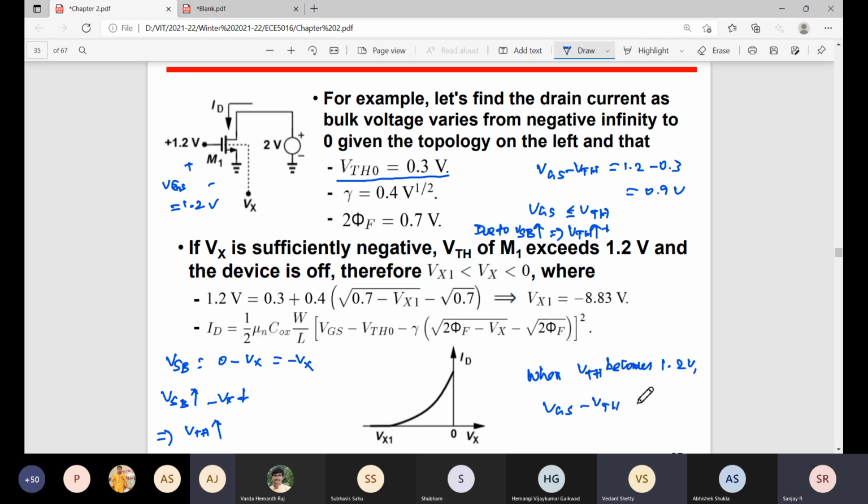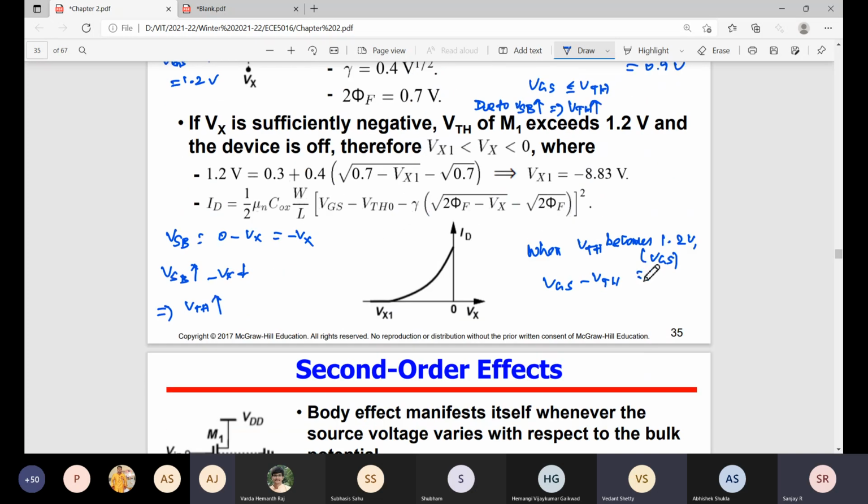As VSB increases, the threshold voltage increases. When the threshold voltage equals the VGS value of 1.2 volt, what is VGS minus VTH? 0 volt. So 0 volt means the transistor is on or off?